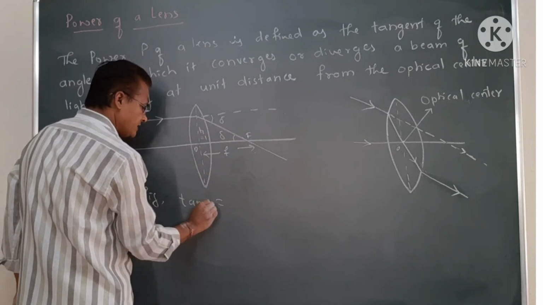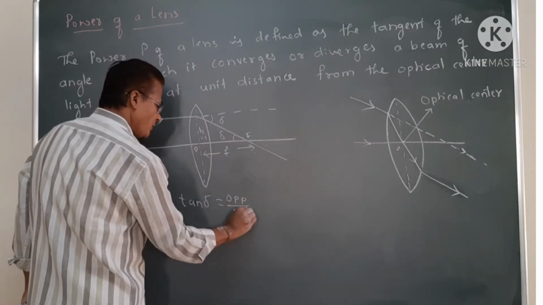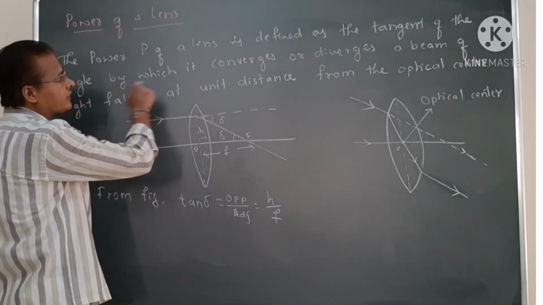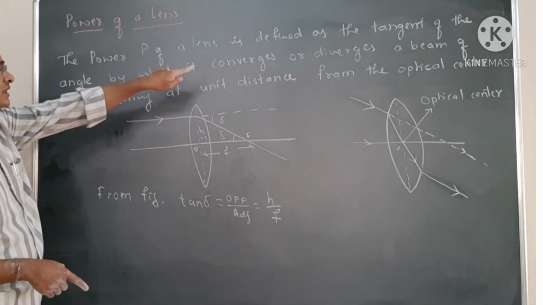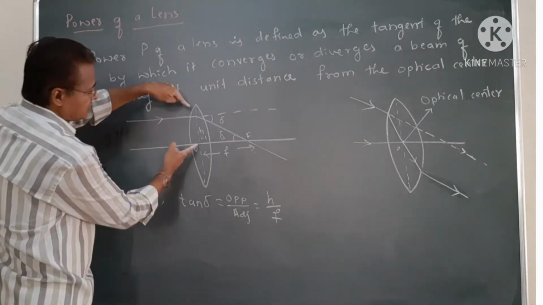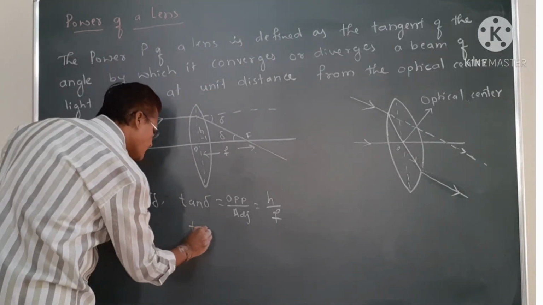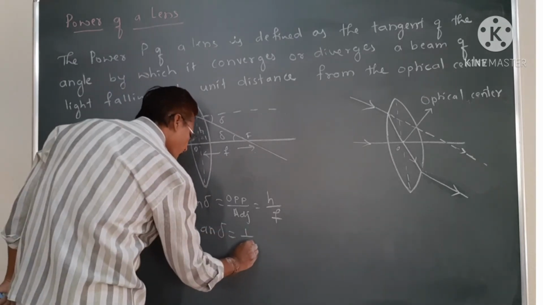Opposite here is h, and adjacent is f, so tan delta equals h by f. According to the definition, h must be a unit distance from the optical center. So tan delta equals 1 by f.